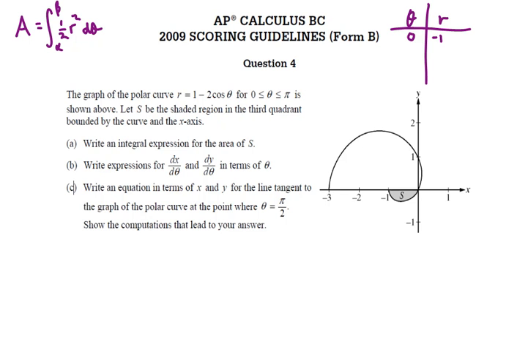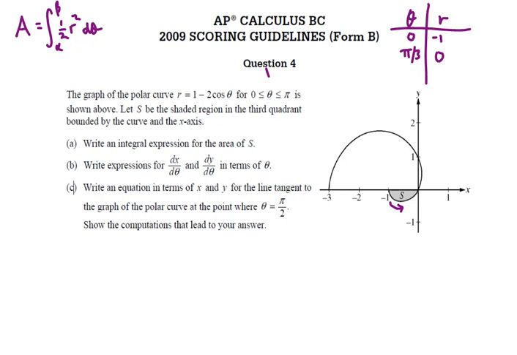Well, we want cosine theta to come out to be 1/2, so that r would end up being 0 there. For cosine theta to be 1/2, we would use theta equal to pi over 3. And that would give us 0.